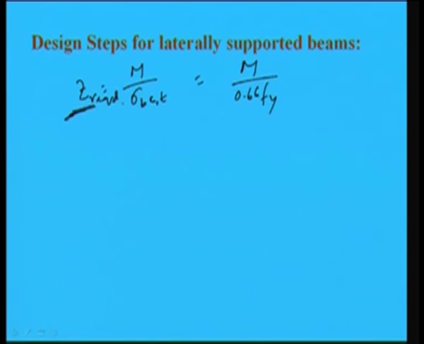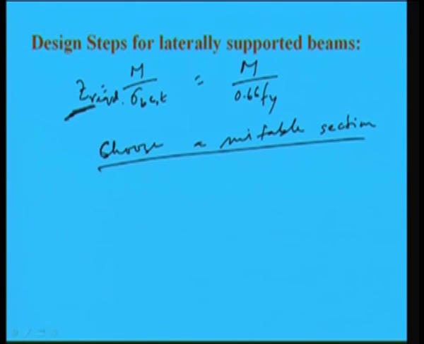Then we can choose a suitable section. First we have to decide the availability of the section, whether an I section is available or a channel section or some other section is available. On the basis of availability, we can find a suitable section. If nothing is given, as we know, the most efficient section from the bending point of view is the I section.